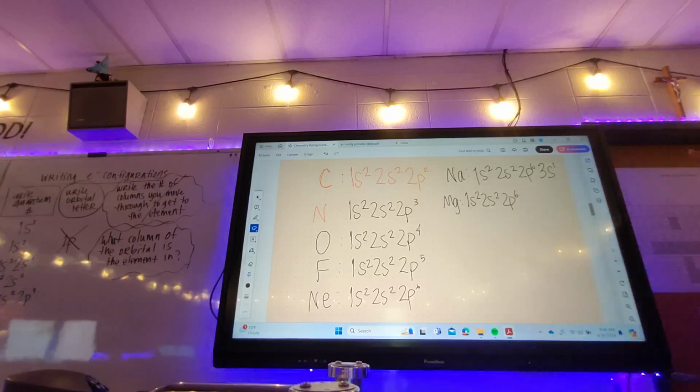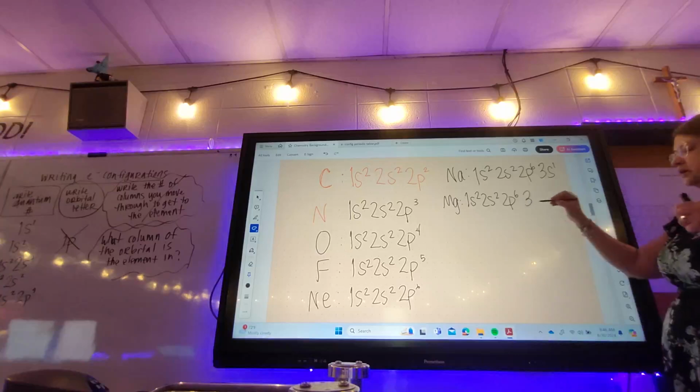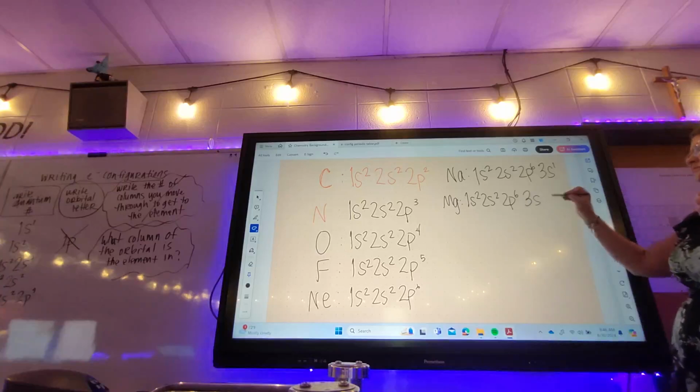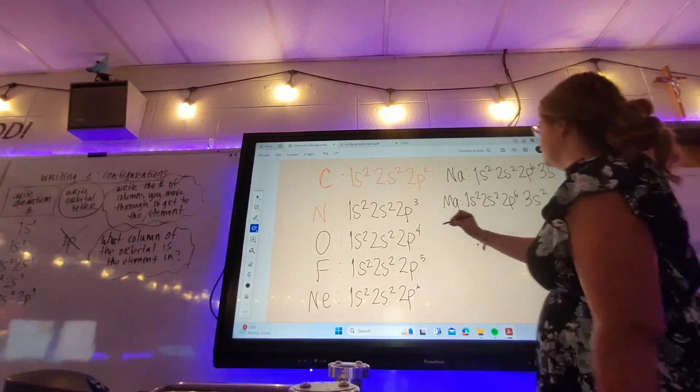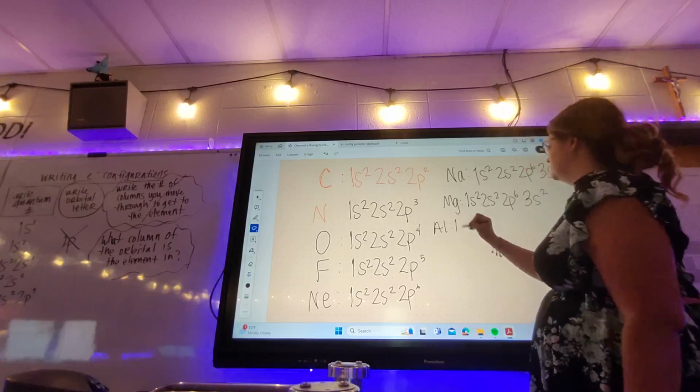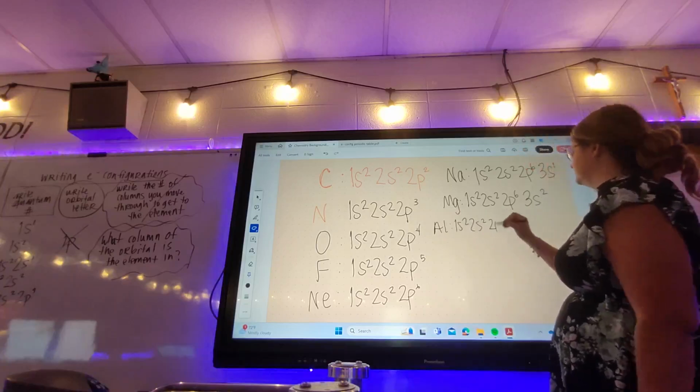So now we have to follow our instructions. What row is magnesium in? Orbital? Column? 2. Is S full now? Yeah. All right, then when we go over to aluminum, we can copy all of this.